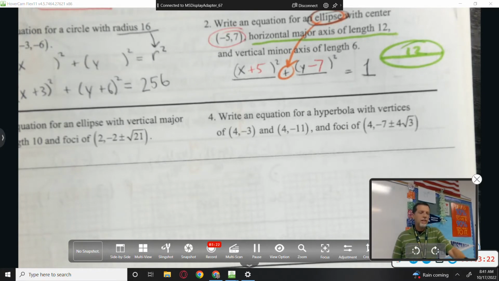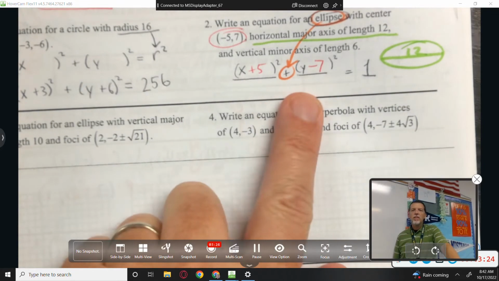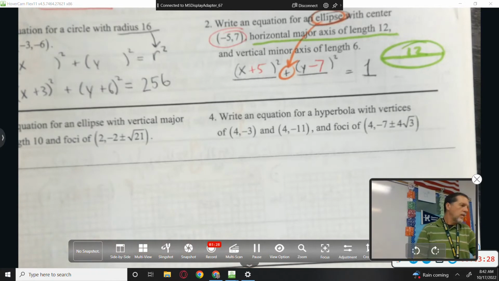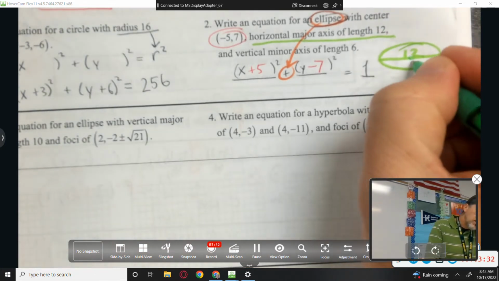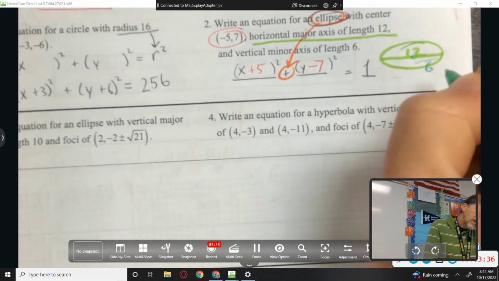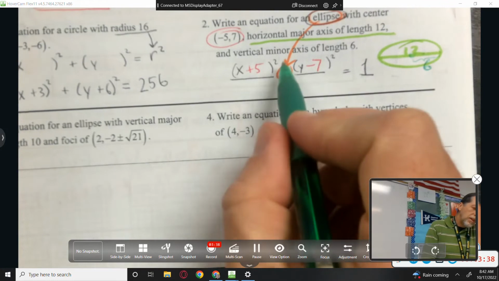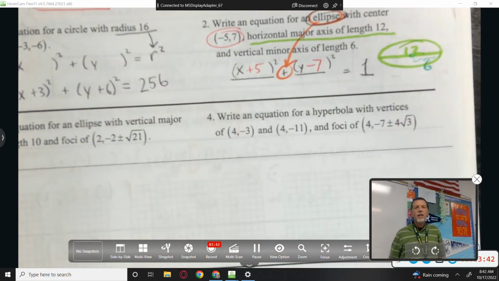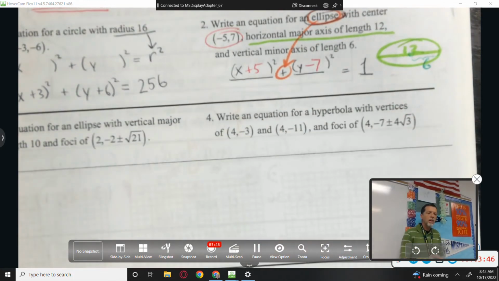What does that mean for the equation? It means that x is the bigger one. But even apart from who's bigger, major tells me it's bigger.